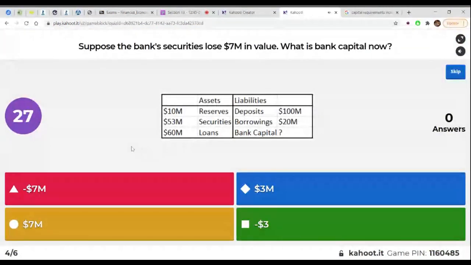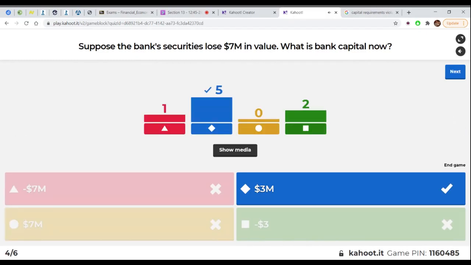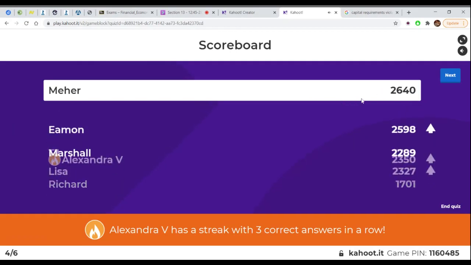How much bank capital does it have left now? Six, 5, 4, 3, 2, 1. All right, good job. Well, if it had 10 and lost 7, it has 3.